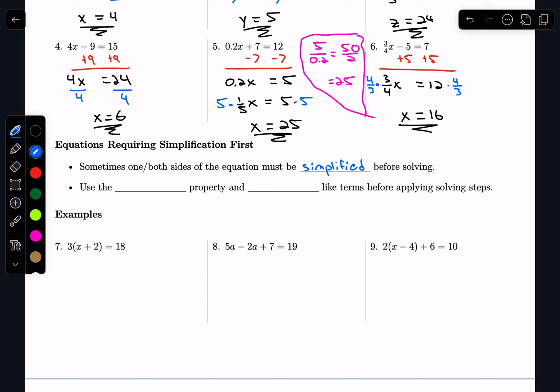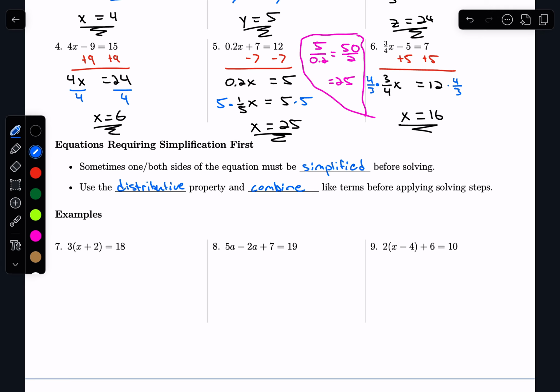And the main property we're going to be using for this is the distributive property. So you can see that 2 of the 3 questions down below are going to involve that distributive property because we have parentheses. So we're going to use the distributive property first, and then we are just going to combine like terms on each side before doing what we did in the previous questions to solve.